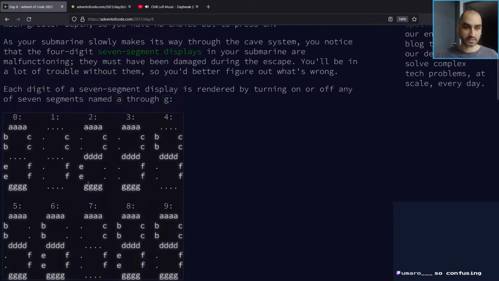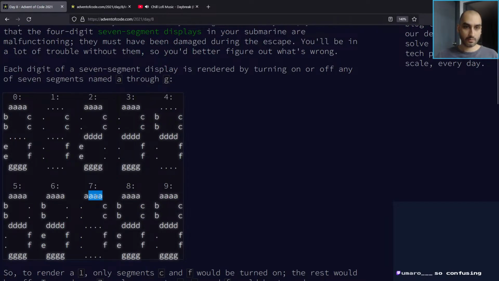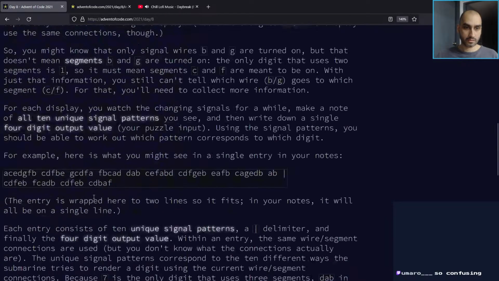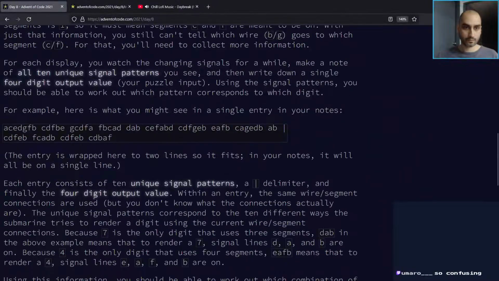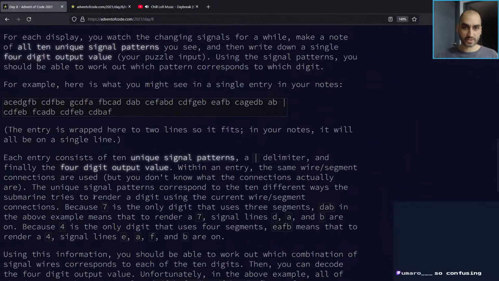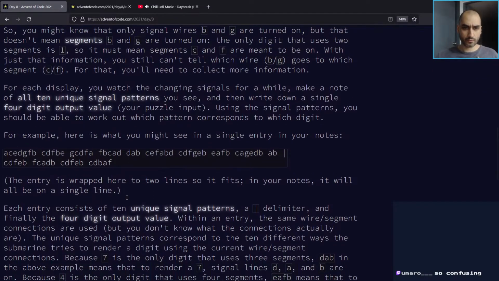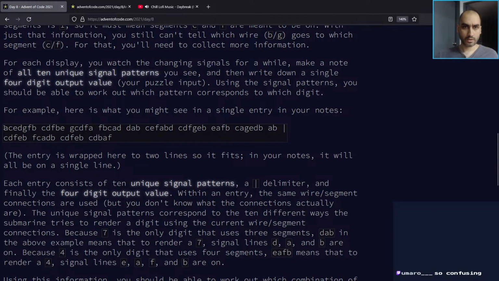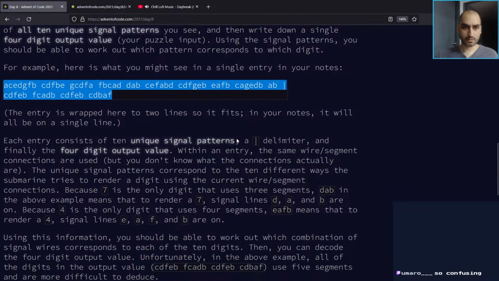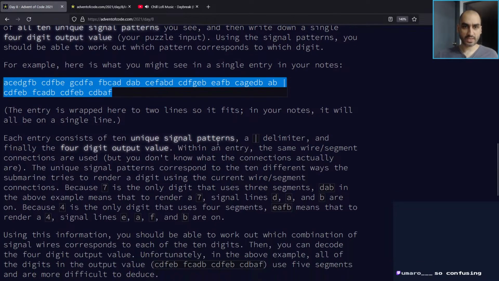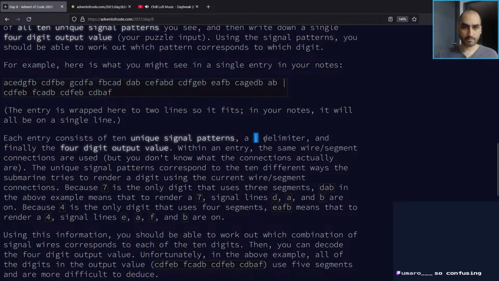So that would mean it's a 7, because 7 is the only one that uses 3 segments anyway. Okay, fine. So I get what that means. So each entry consists of 10 unique signal patterns, pipe delimiter, and finally the 4-digit output value.